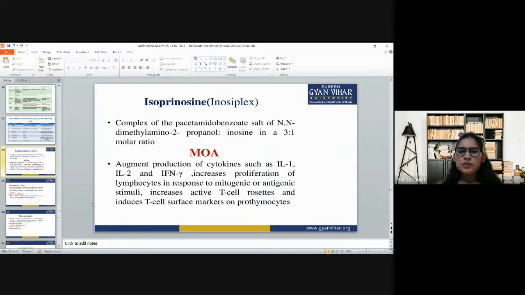And when we talk about its mode of action, it augments production of cytokines such as IL-1, IL-2, and IFN gamma, increases proliferation of the lymphocytes in response to mitogenic and antigenic stimuli, which increases the activation of T cells and induces T cell surface markers on prothymocytes.